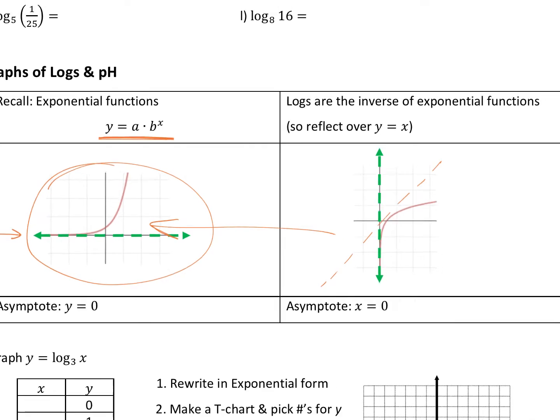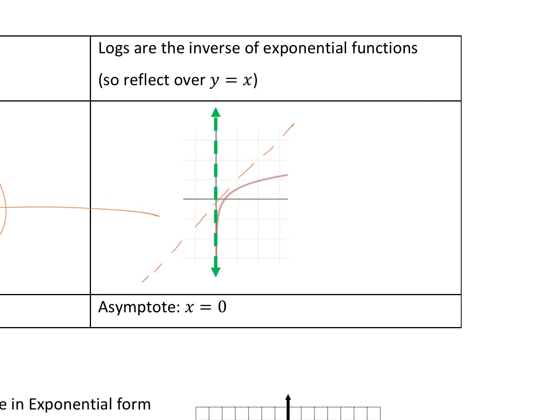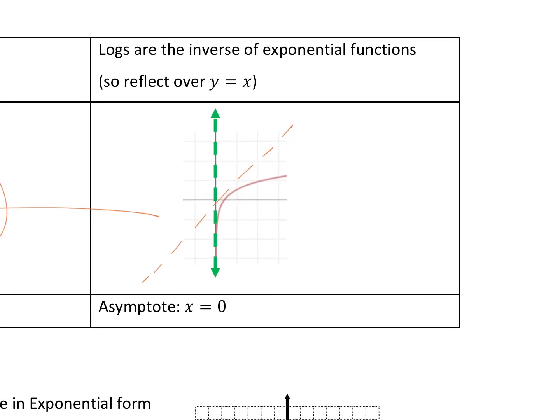So how this works is now your asymptote is always going to be vertical. It's going to be your y-axis instead, or the line x equals 0. And then it can be going like this, or it can be going like this. It can go either way, but it's going to be using that vertical asymptote instead of the horizontal.